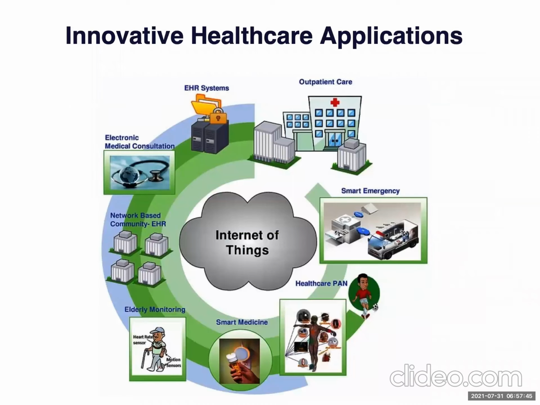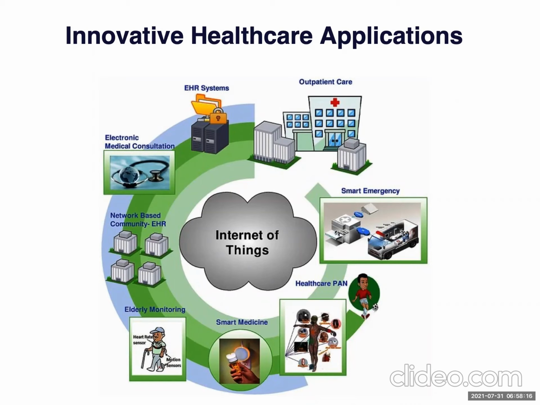If you integrate this properly, you will be able to provide applications such as outpatient care tailored to patient needs, very efficient electronic healthcare systems that are updated, connected, and easily integrated, and electronic medical consultations, network-based community electronic healthcare systems adapted to different communities, their needs, and their environment.